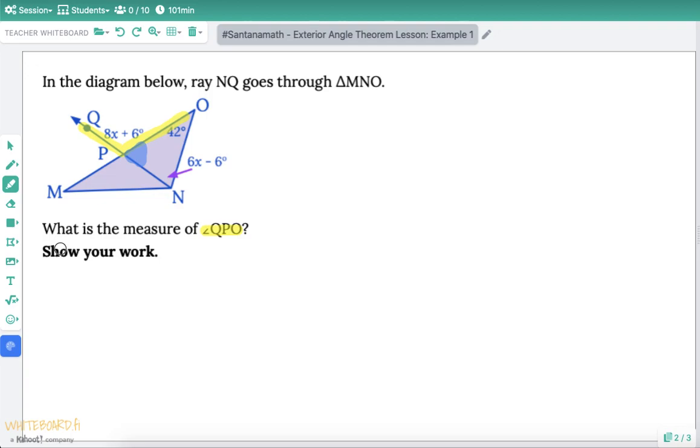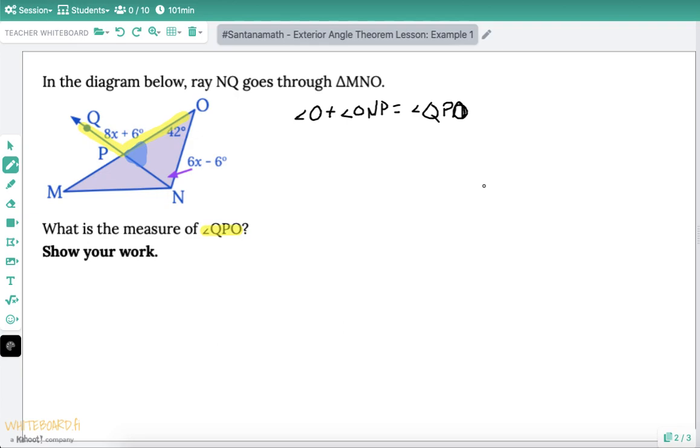So the setup goes as follows. It's going to be angle O, because it's not adjacent to angle QPO, plus angle O and P, that's this one right here, that's pointed at in the purple, is equal to the exterior angle QPO. And that's what we're looking for. That's the one that's highlighted in the question over there.